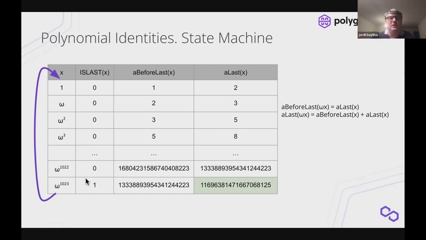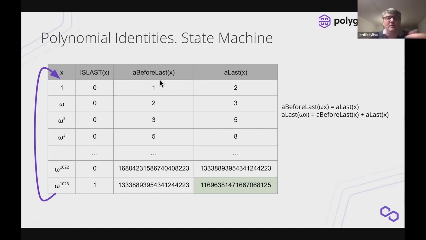This polynomial can be expressed with 1024 evaluations. So we are representing this polynomial by its evaluations at what we call roots of unity. Roots of unity are just some specific numbers in the field. You take this number and exponentiate it to 1024, and it gives you one. So these are specific numbers in the field.